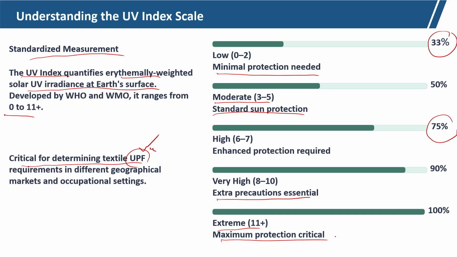So, we must design our clothing to protect ourselves at different levels of UV index. We can calculate the UV index, or the impact on our body, by weighted mean. How to calculate the UV index in a particular place, we will discuss later.